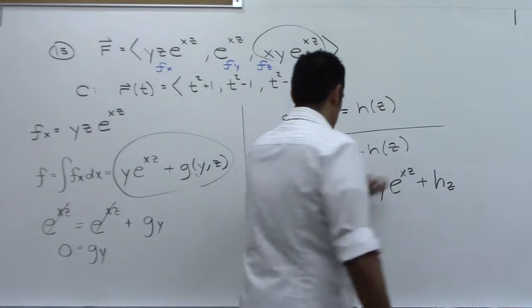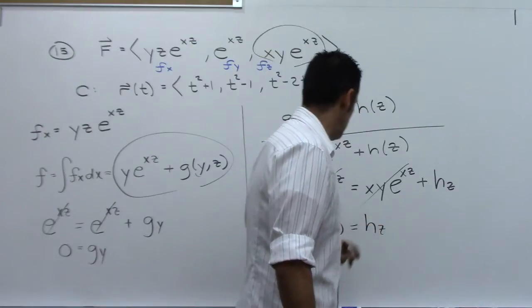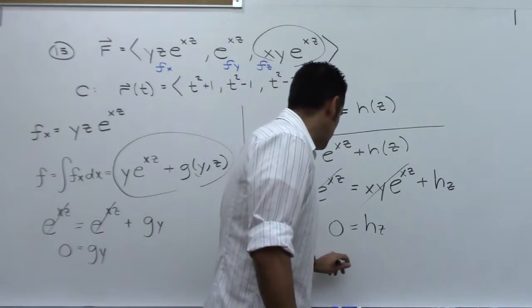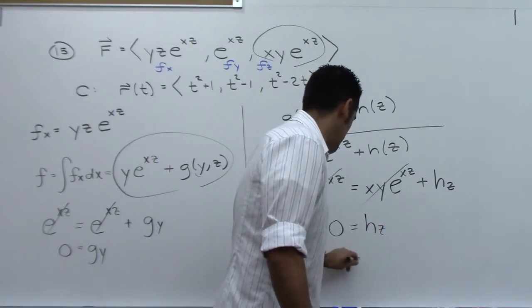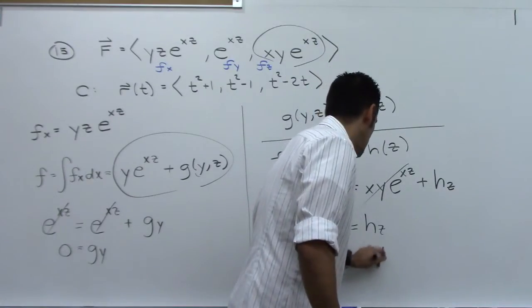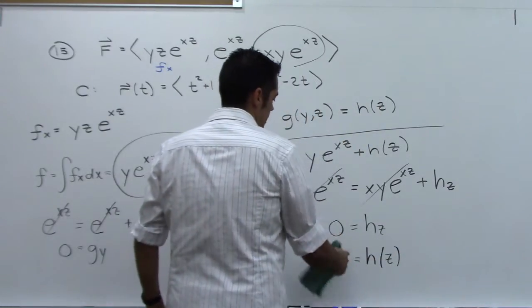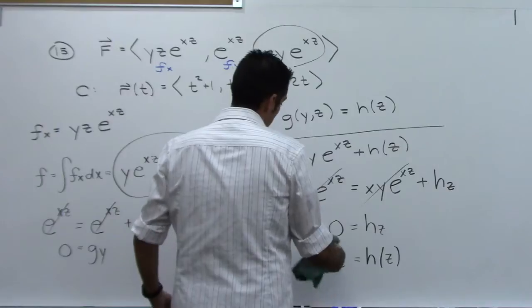And again, these go away. This is too easy. 0, h prime of z, and that means that your h function had to be a constant. I'll use c. Now you can say for sure it doesn't have any z's in it because the derivative was 0, but it could have a constant.